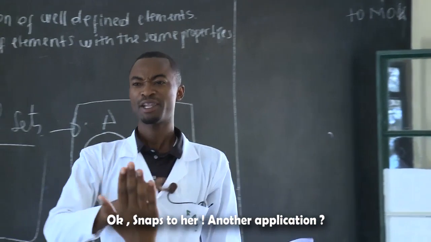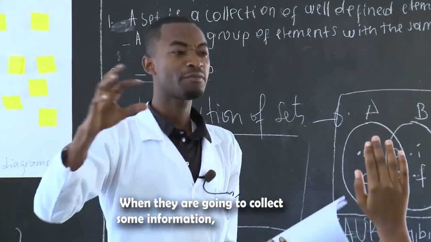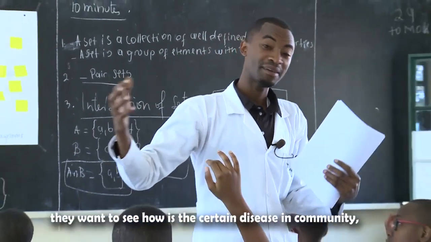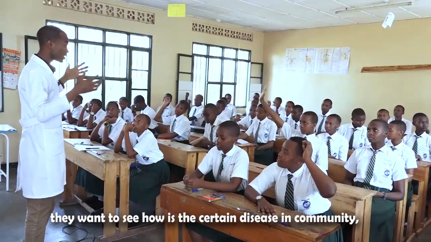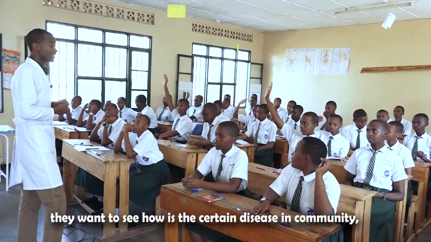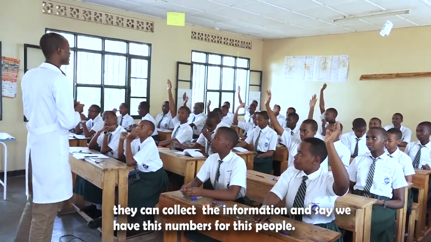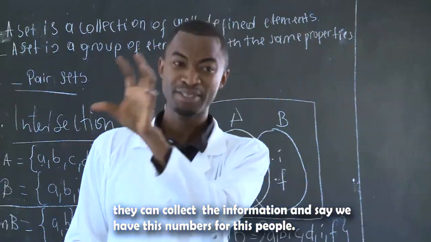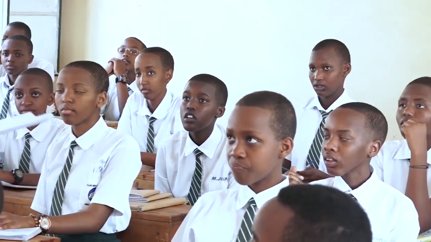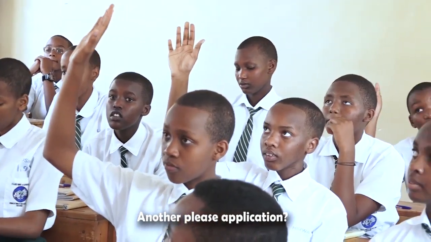Okay, snaps to another application. Like when they are collecting information, they want to see how a certain disease is in a community. They can collect the information and say, we have this number for these people, and this number for these people. All right, another application.